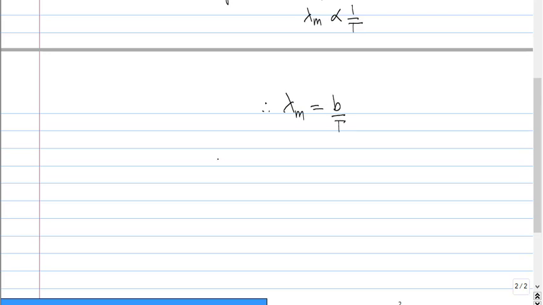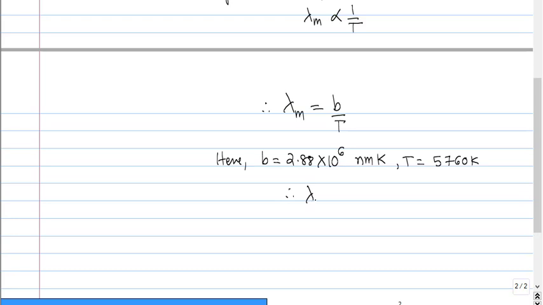Now it is given that B is 2.88 into 10 power 6. This is what is given, and T is given as 5760 Kelvin.